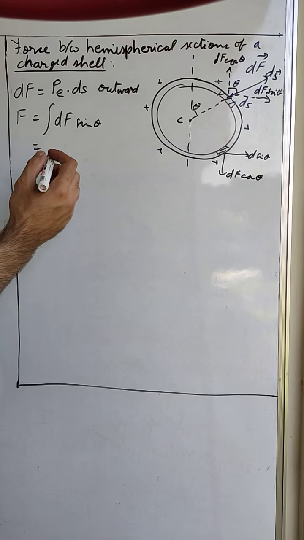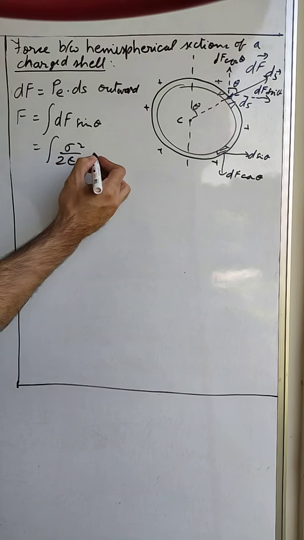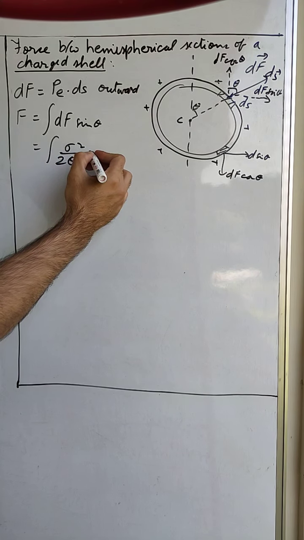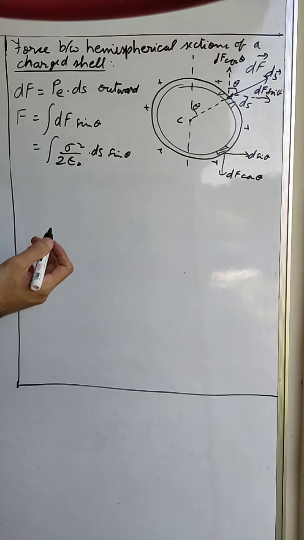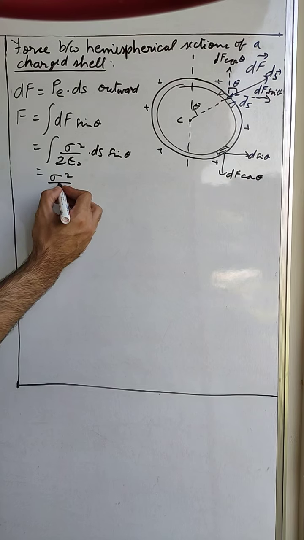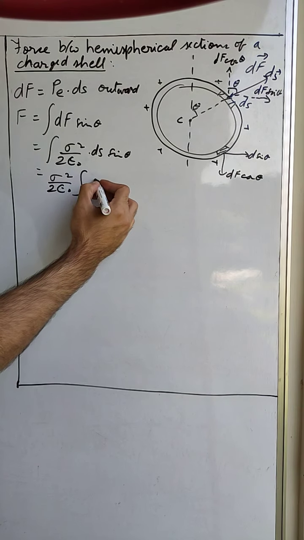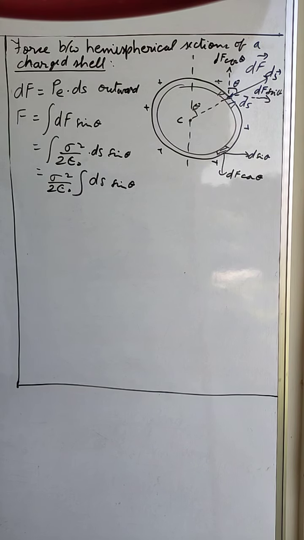Putting the values from previous videos, df equals sigma square upon 2 epsilon naught into ds. Since sigma square upon 2 epsilon naught is a constant, it can be taken out of the integration sign, and we will have ds sin theta to integrate.